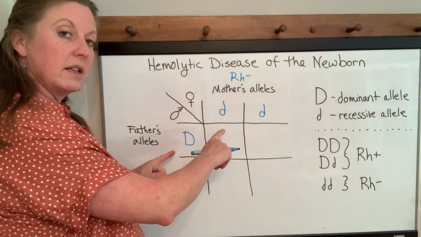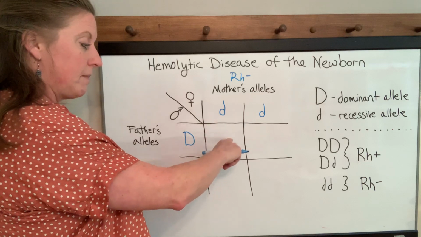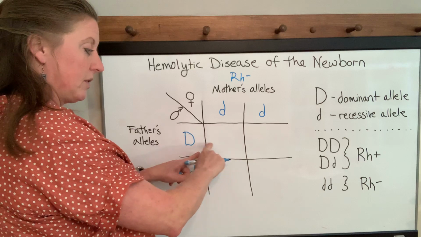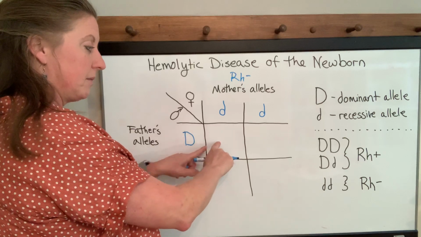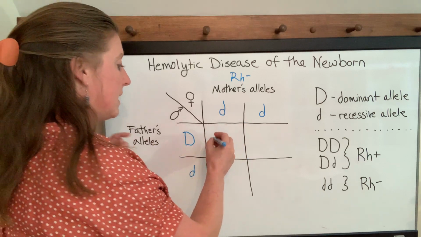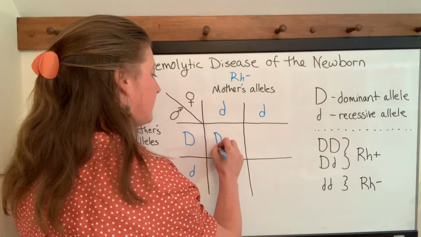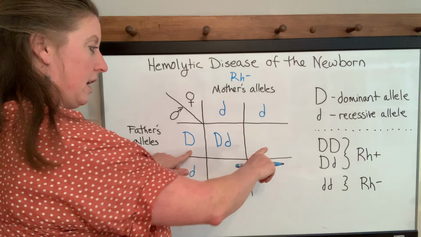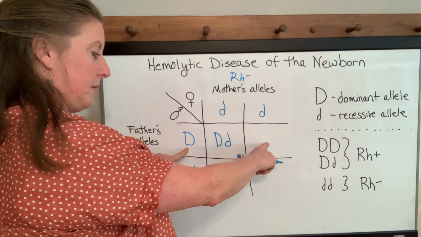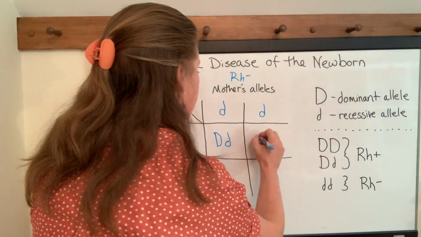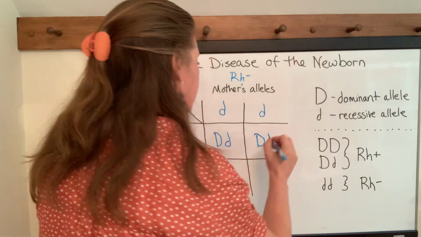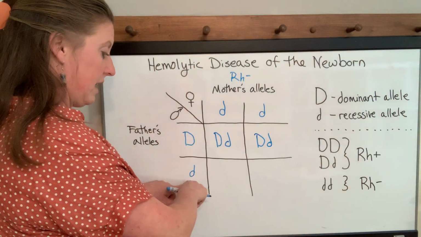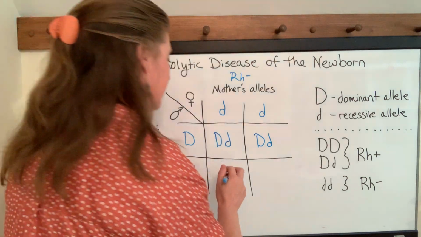Now, the way the Punnett square works is we make every possible combination. So where this square meets, we have a big D from dad and a little d from mom. So this offspring would be big D, little d. In this square, we have a little d from mom and a big D from dad. So again, big D, little d. In this square, we have a little d from mom and a little d from dad.